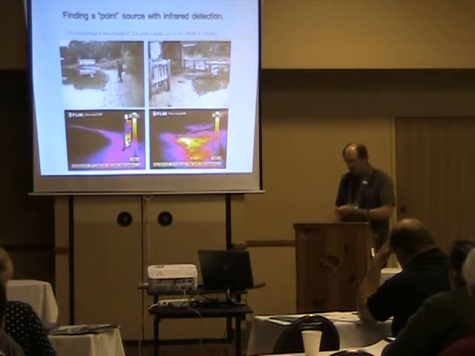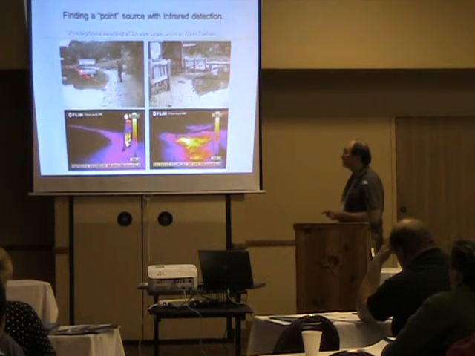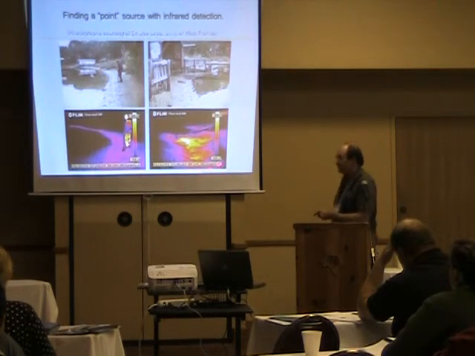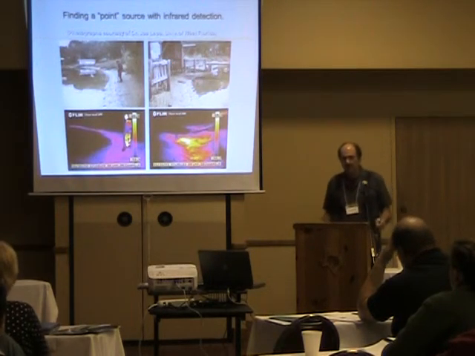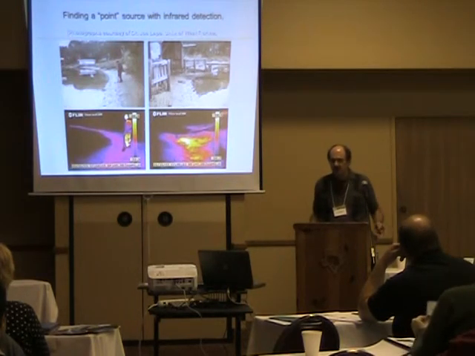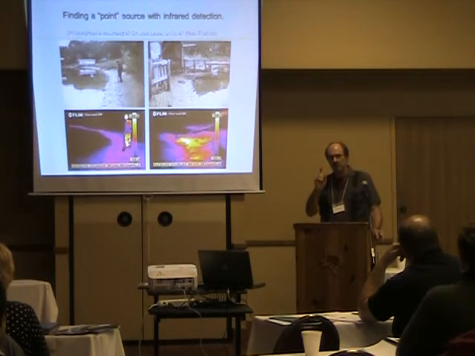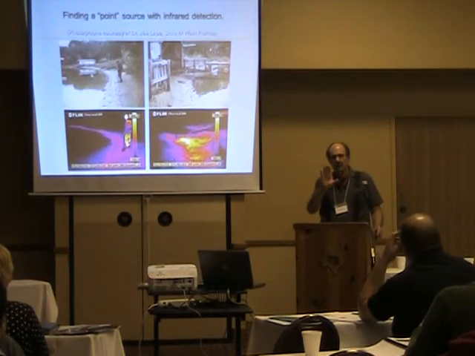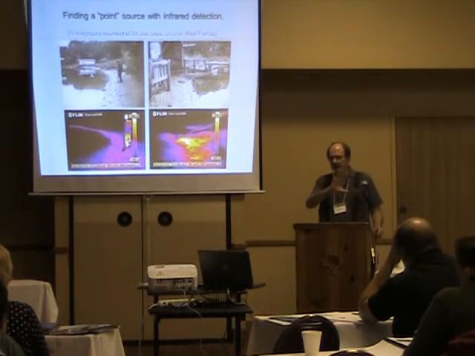Coming out there with infrared detection, we were able to find right here a little hot spot maybe about twice the size of the top of this podium. That was it. That one little spot. And that was coming from a 2-family apartment where the connector between the septic tank and the drain field had come apart.